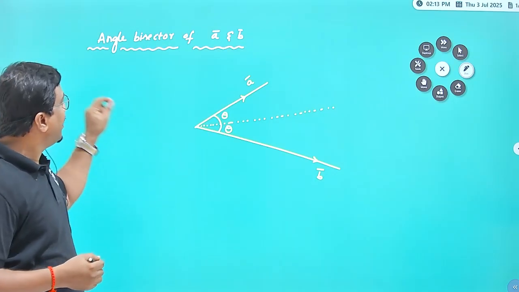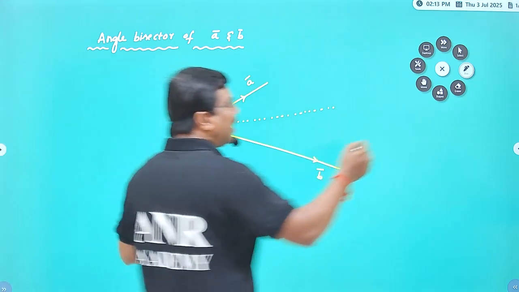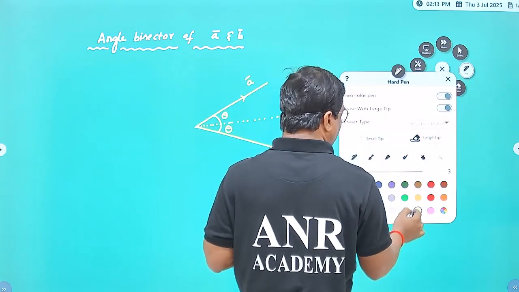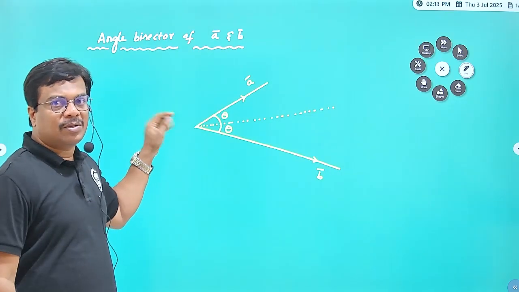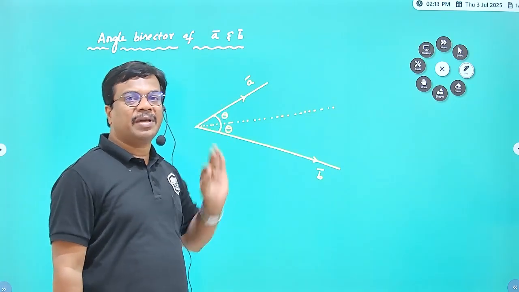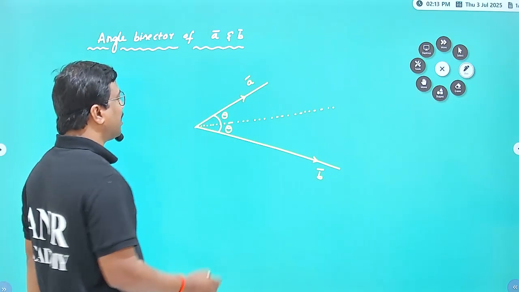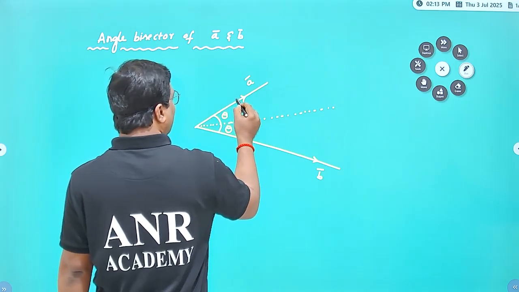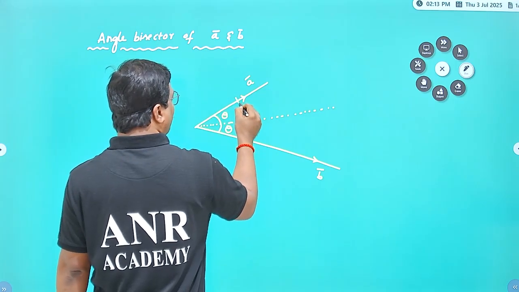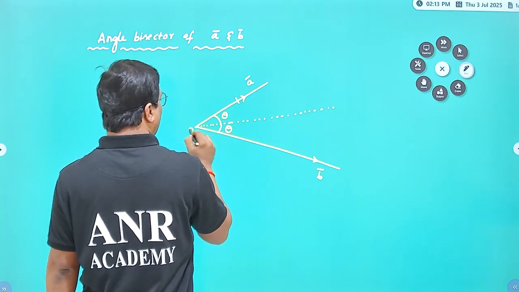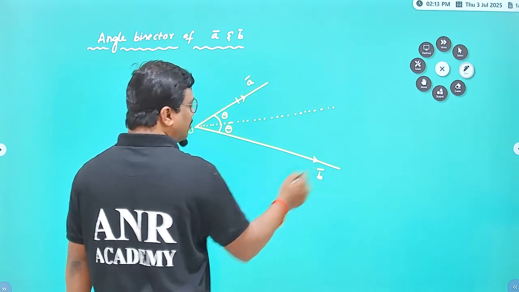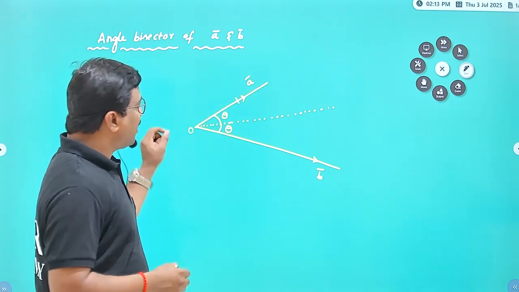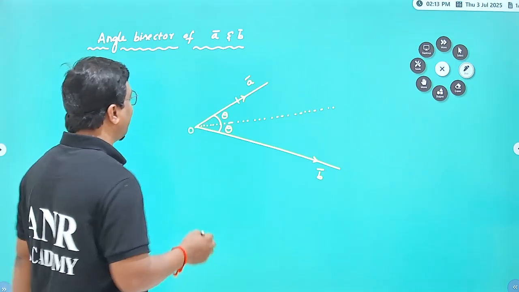To get the angle bisector, what I am doing, observe, I am going to reduce both the vectors A bar and B bar into unit vectors. Only one unit vector I am going to select along the direction of A bar, and also one unit vector along the direction of B bar.